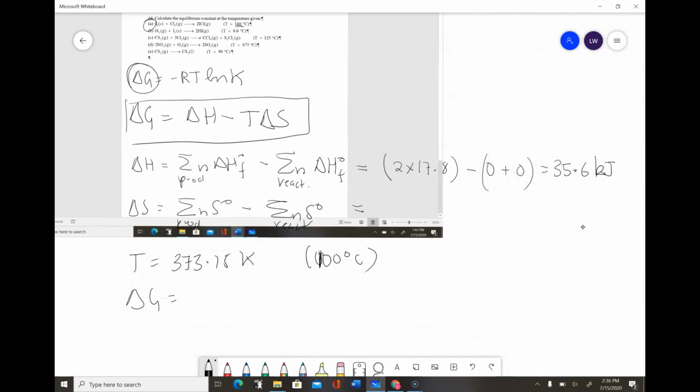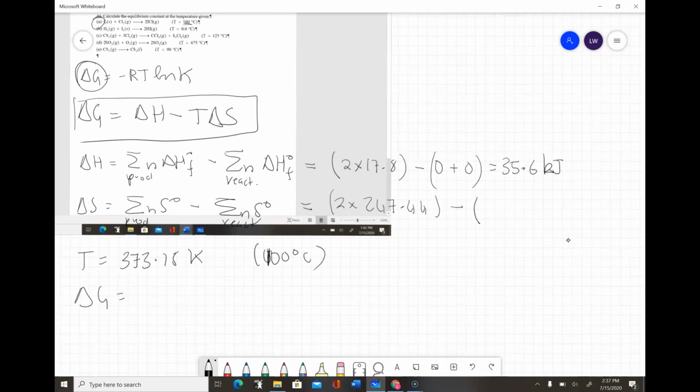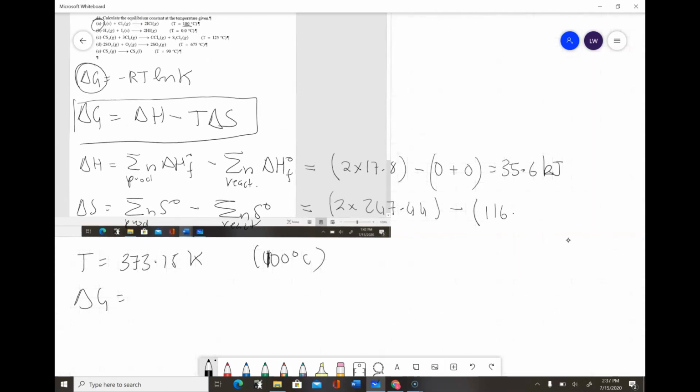So now I'm going to go ahead and calculate my entropy change for this. So I've got 2 ICl, so 2 of those, and the value for that is 247.44. Now I'm just getting these from the appendix in the back of the book, and then I've got to subtract from that 116.14 plus 222.96, and that's for the I2 and the Cl2.